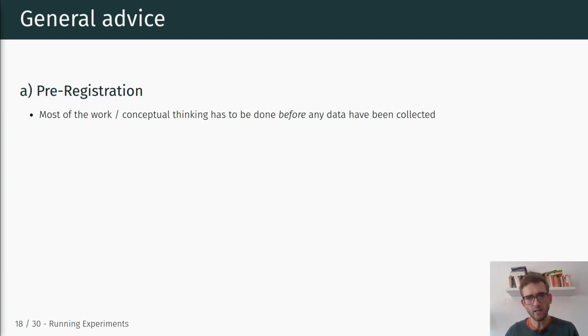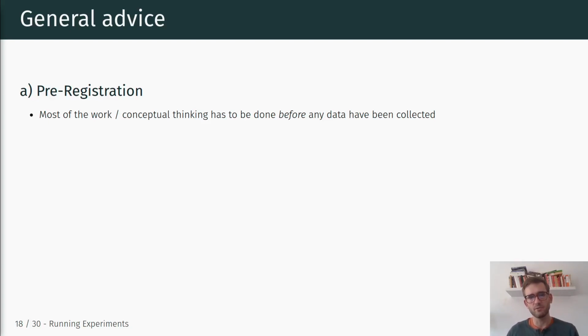And what is really helpful to prevent that and to force yourself to think as deeply as possible about the underlying structure of the data that you want to collect and the hypothesis that you want to test and the analysis that you want to run, is to pre-register your design.